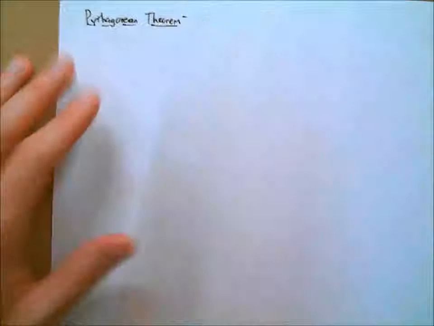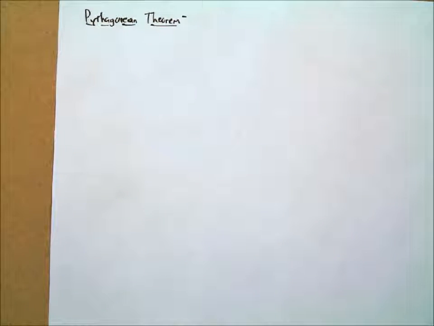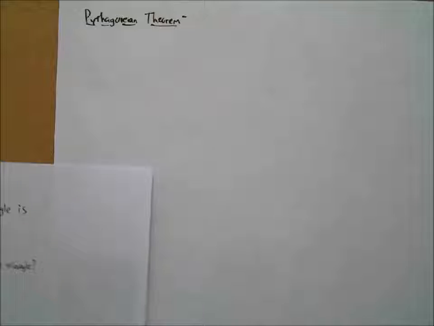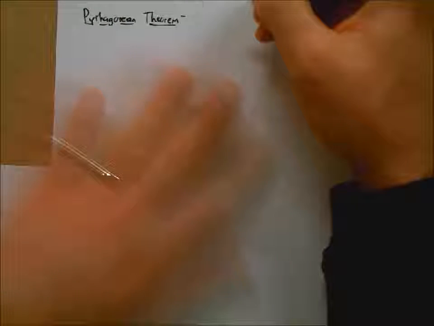I want to be careful here. We're not just going to state A squared plus B squared equals C squared, because that is true, but I wanted to make sure that we're a little more careful here.